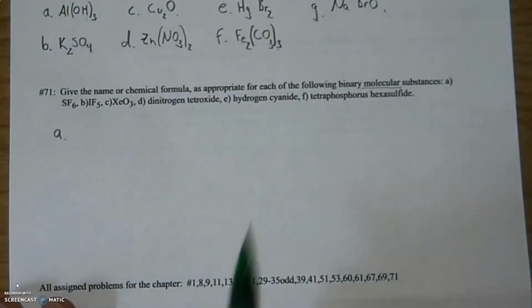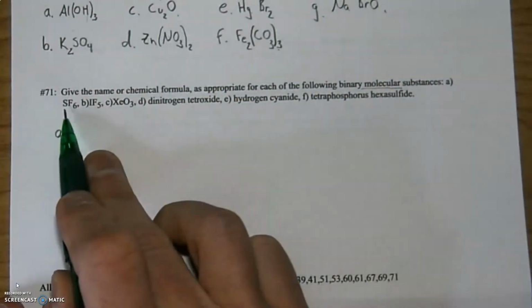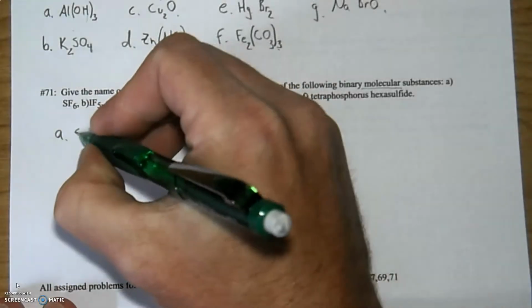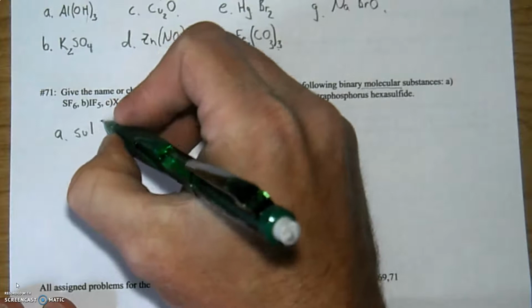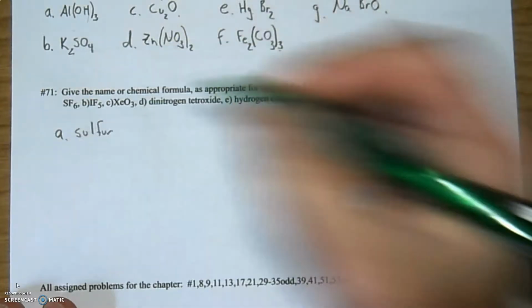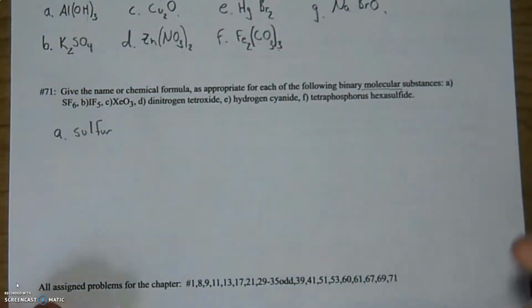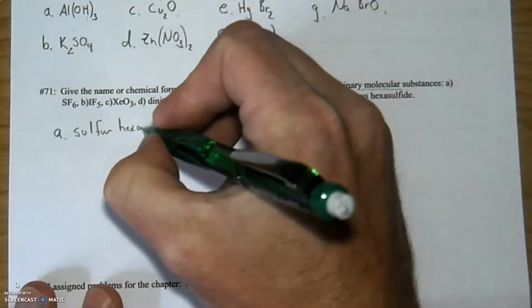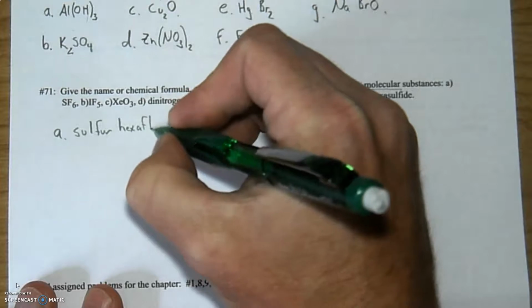For A, first one on here, A is SF6. So S, sulfur. And then I have 6 fluorides. So we have to remember that is hexa. And then we write out fluoride.